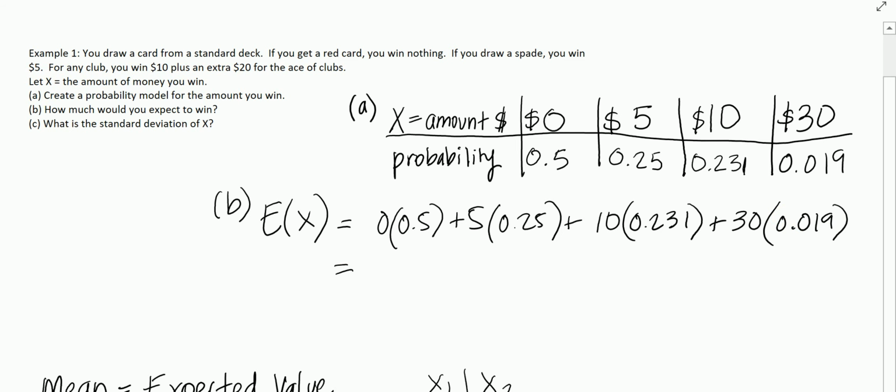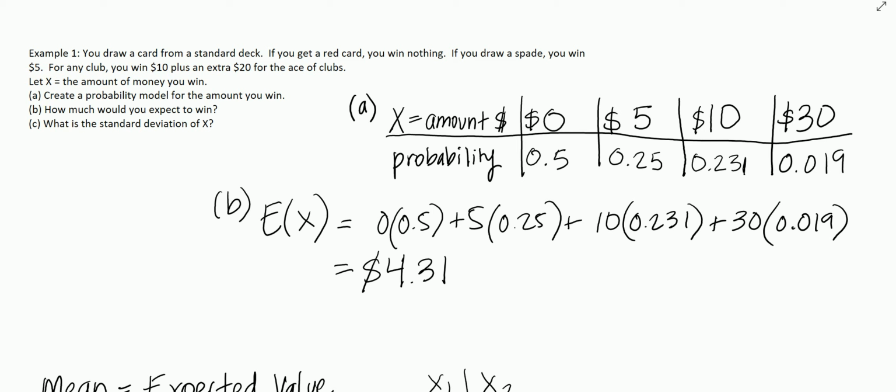So I'm going to plug this into my calculator, and then that answer is how much I should expect to win. And so plugging that in, I should get $4.31.